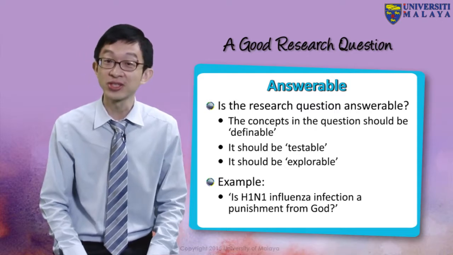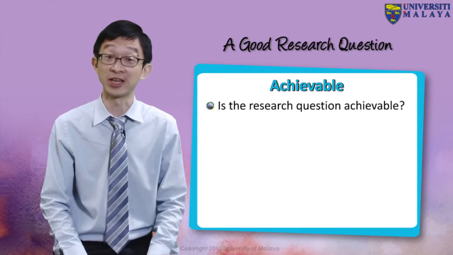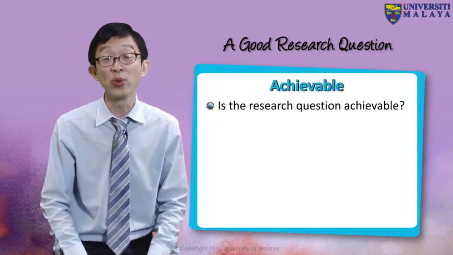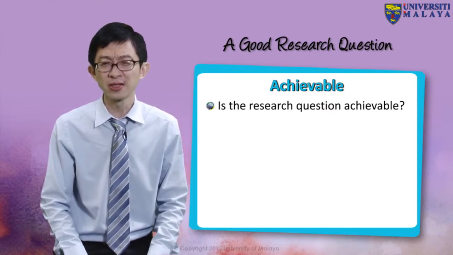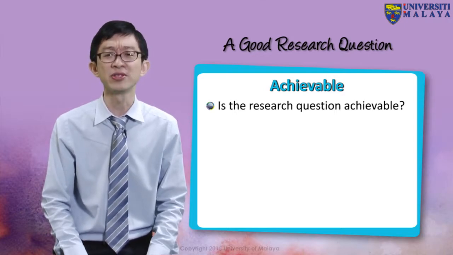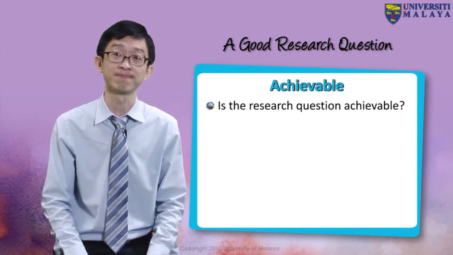The next characteristic of a good research question is whether it is achievable. That is, whether it can be done by the researcher or her team within the time span and setting. This is particularly important for early career researchers who may not have the research experience and resources to carry out big projects.